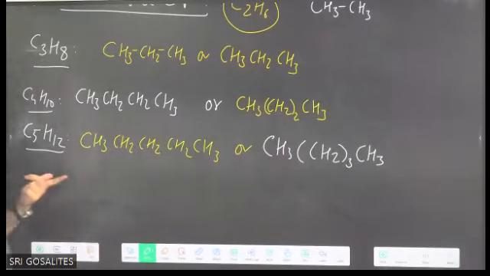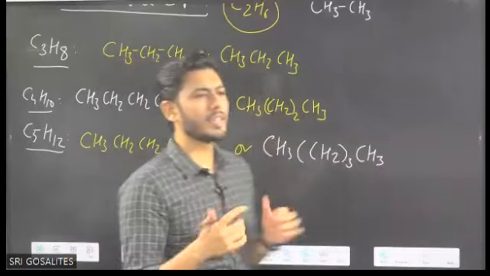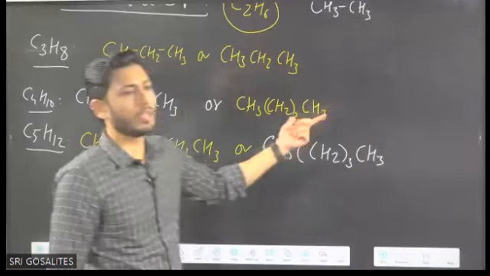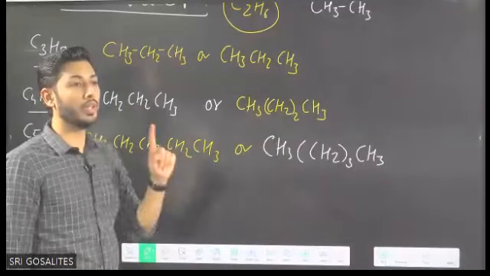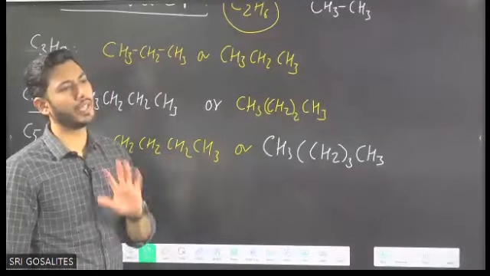Okay. Alkene and alkyne examples you generally do not get for condensed form. That's why I am writing only those which contain only single bonds. Can we write it? Yes, we can write that also.